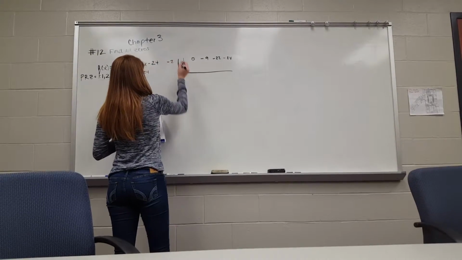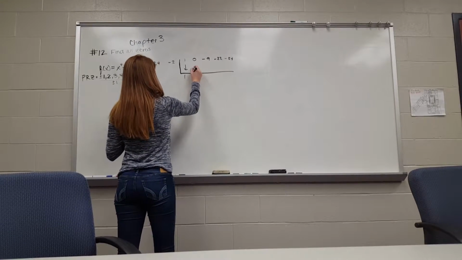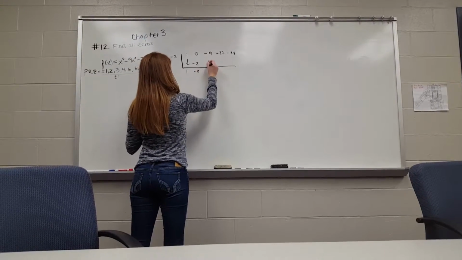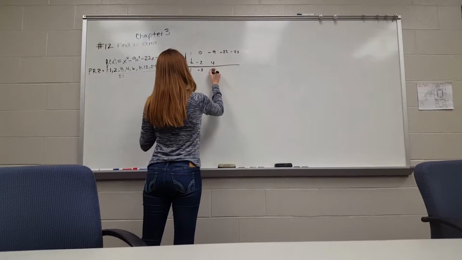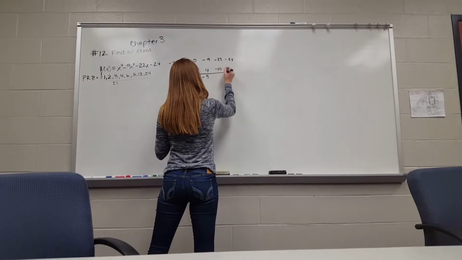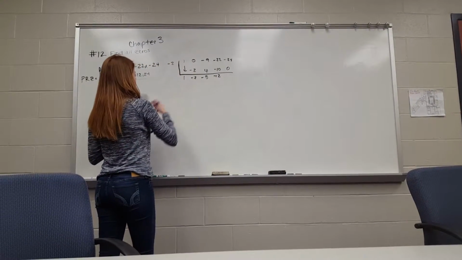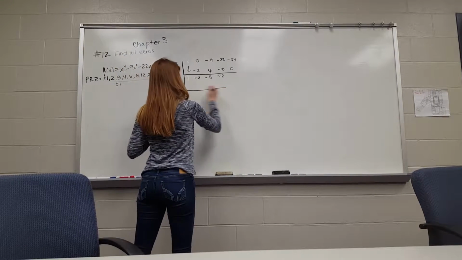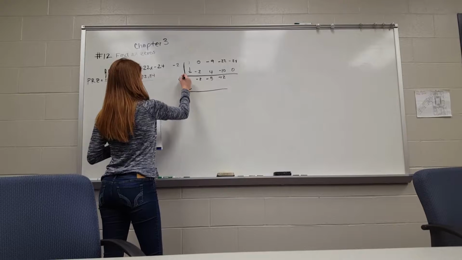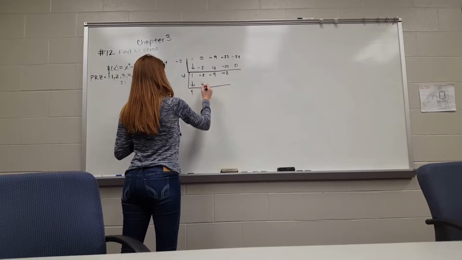You draw negative 2 first. You get 1. 1 times negative 2 is negative 2. You bring it down. 4. And then you get 1 times 4 is 4. 2.